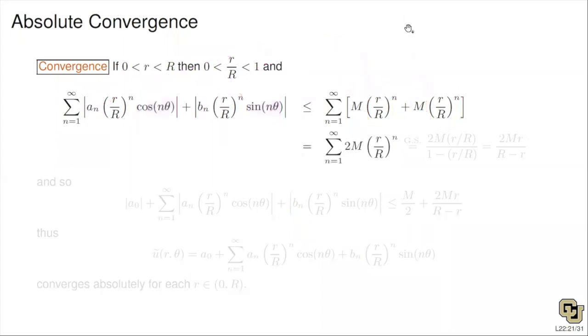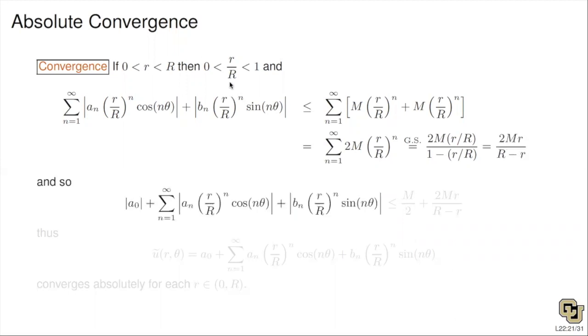And here they're the same, so I added them. And now, using the geoseries result, you can find the sum. Here, for the full geoseries, I'd need an n minus 1 here. So that's why this extra r over capital R to the n term is appearing in the numerator. And so the right-hand side here is a finite number.